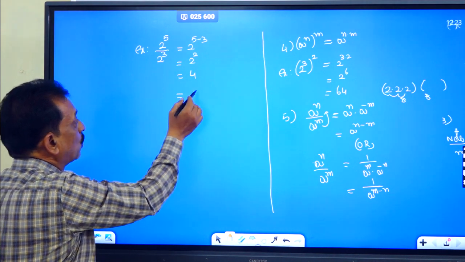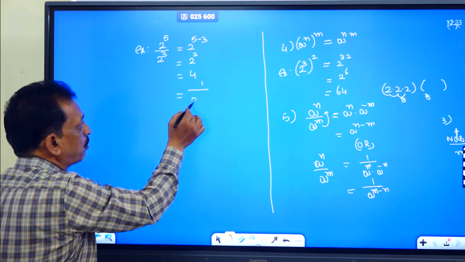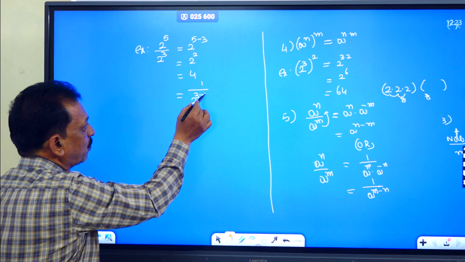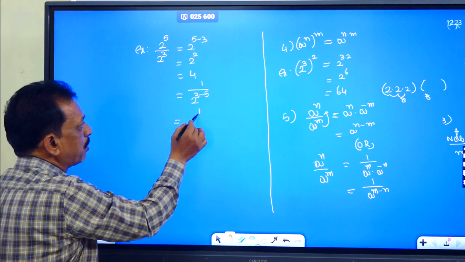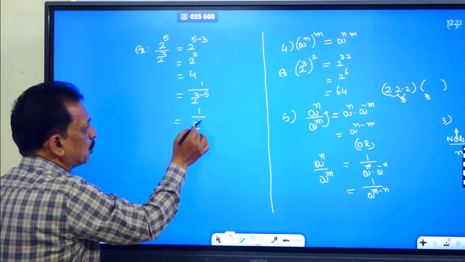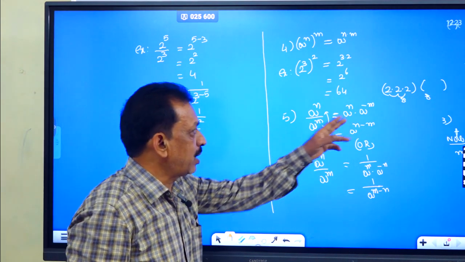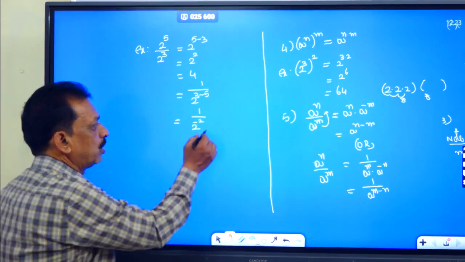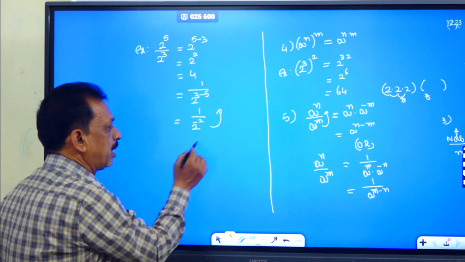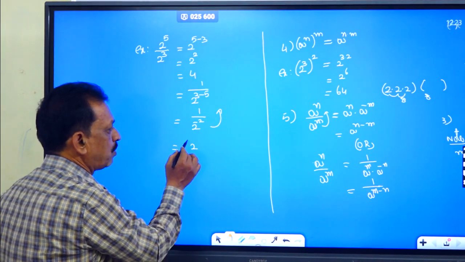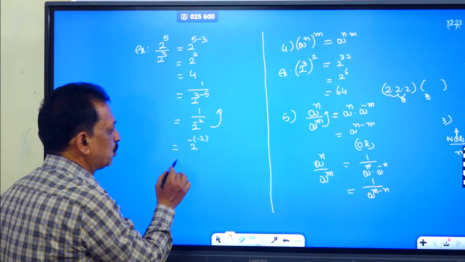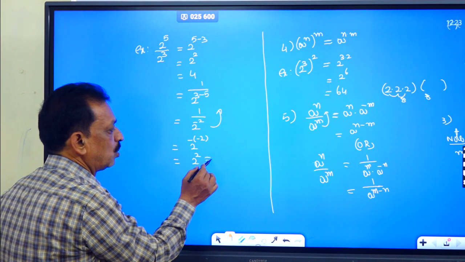So 1 by 2 to the power of 3 minus 5, that is equal to 1 by 2 to the power of minus 2. But you got 2 square. When you take the denominator to the numerator, the power becomes minus, 2 to the power of minus 2, which gives you 2 square, that is equal to 4.